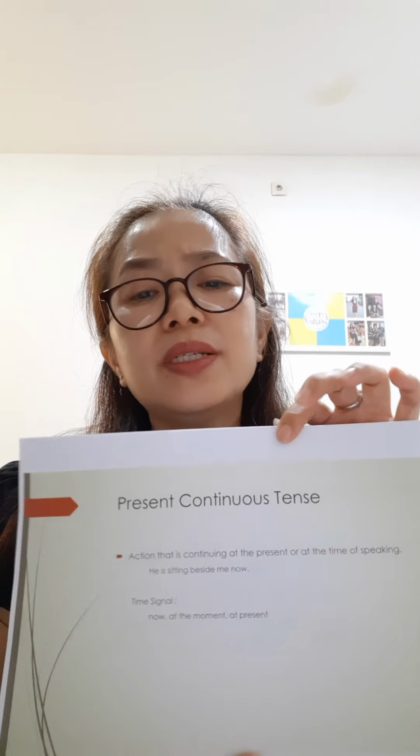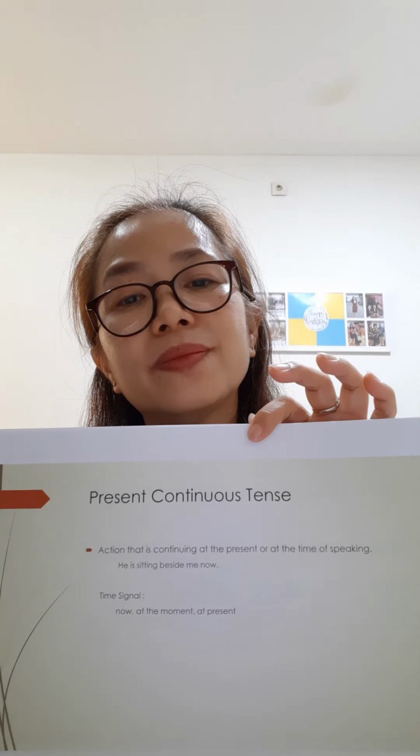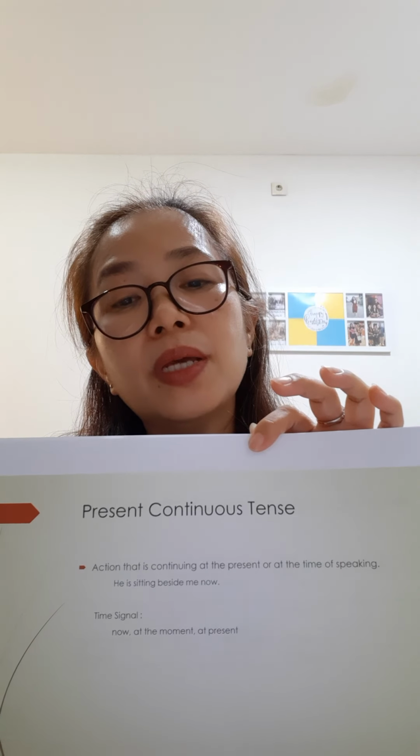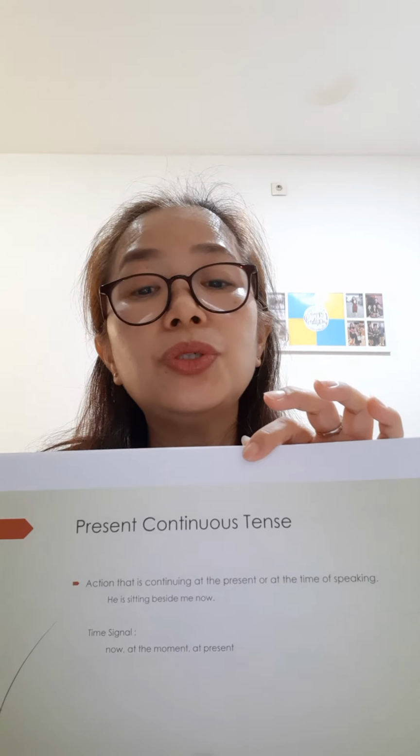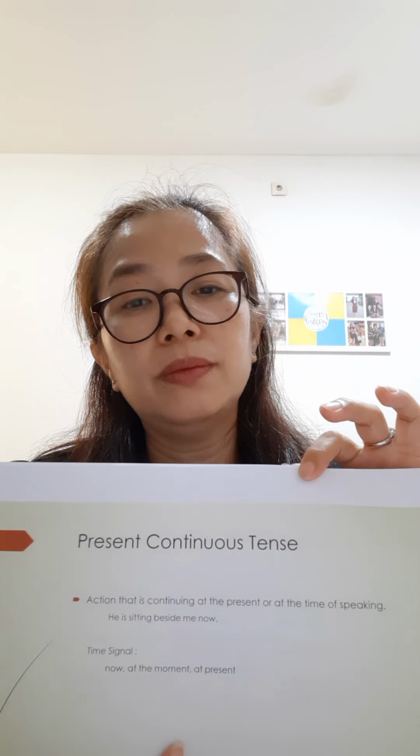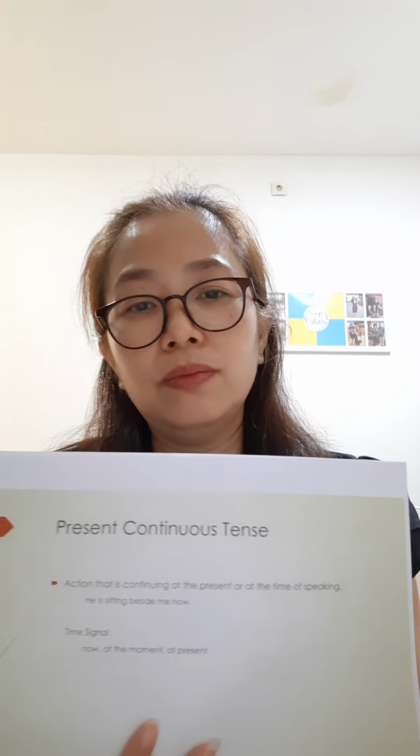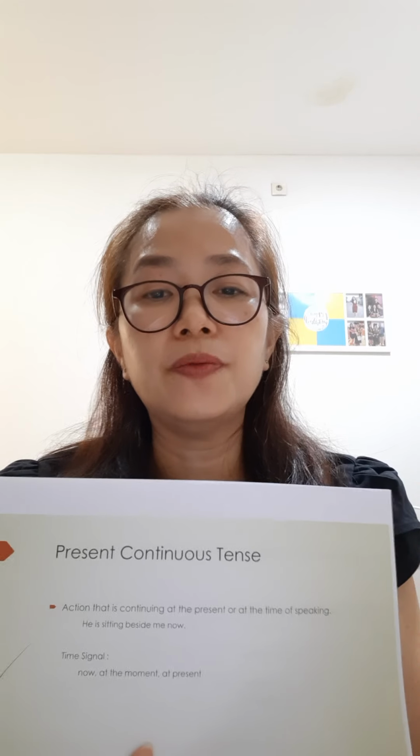Yeah. Now let us go to present continuous tense. What is present continuous tense? Present continuous tense is used to show an action that is happening now at the time of speaking.